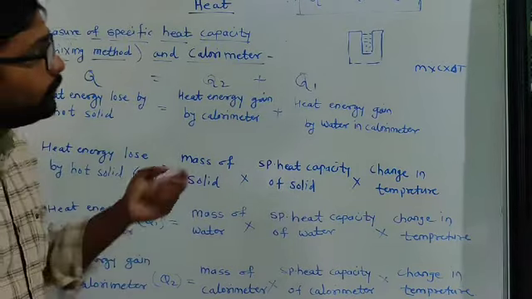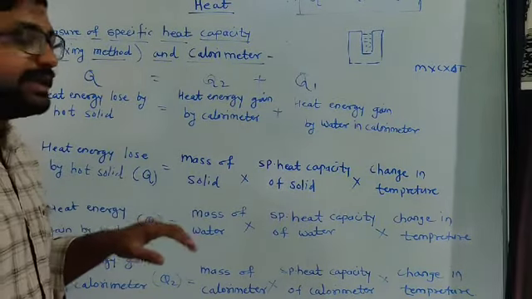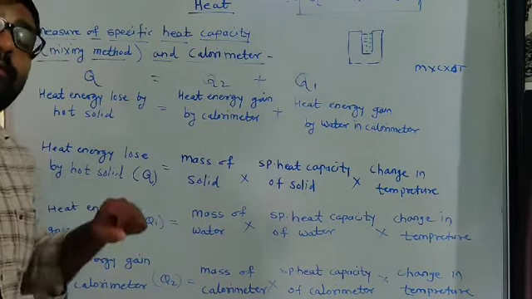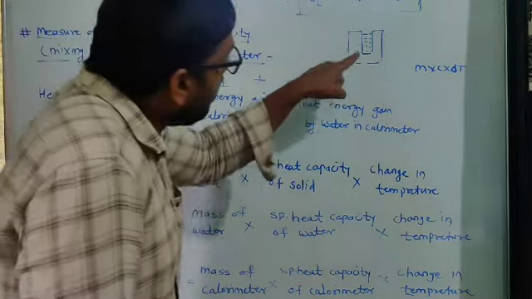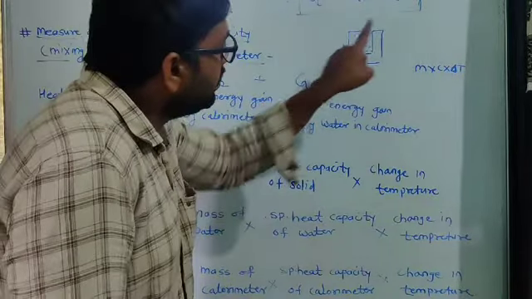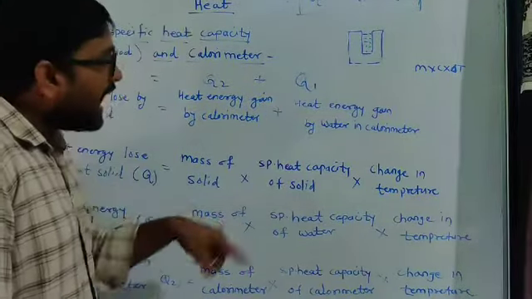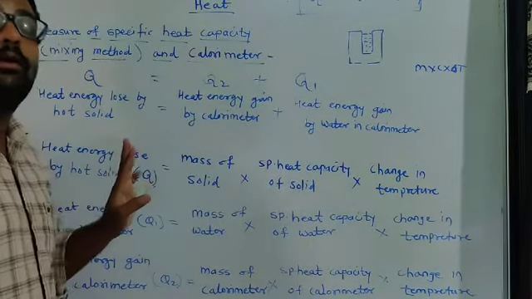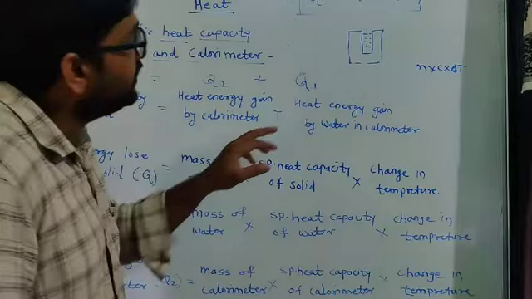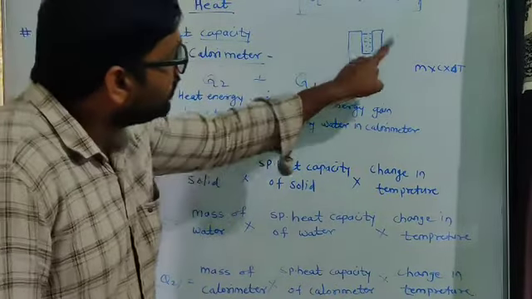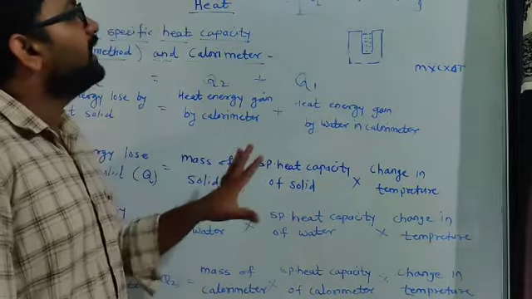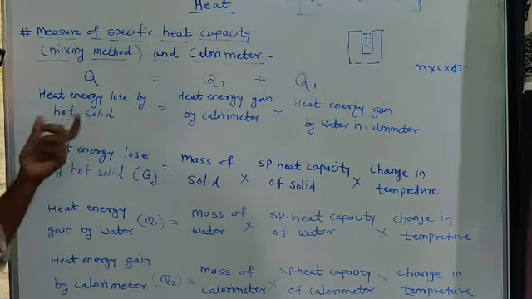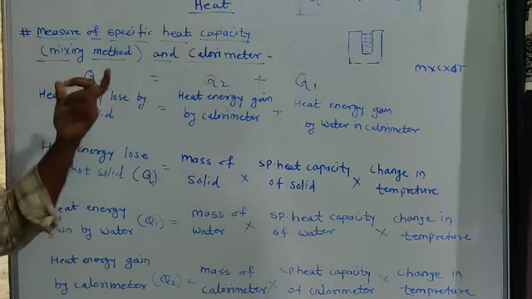So here we can calculate the specific heat capacity of this hot solid. How? If we know the specific heat capacity of the water present inside the calorimeter and the specific heat capacity of the calorimeter, these two objects, then we can easily calculate the specific heat capacity of this solid object.